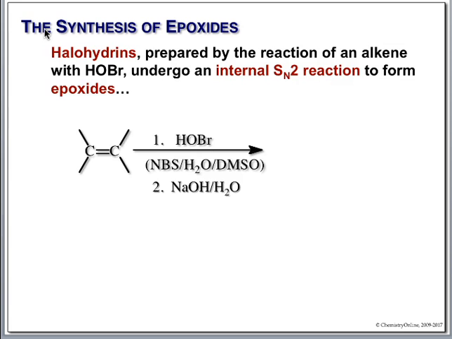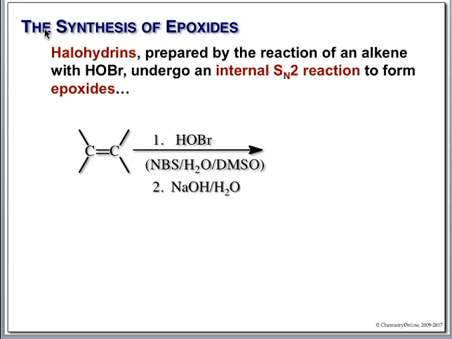Well, there's a fairly brutal way to make an epoxide, aside from a peracid. Again, think back to the old days of 234. If you took an alkene and HOBr, that's hypobromous acid, basically bromine and water, that'll work. You can also do N-bromosuccinimide in a water DMSO mixture.